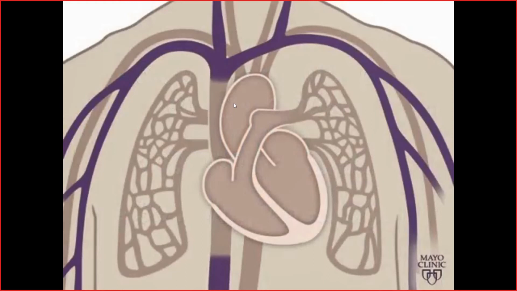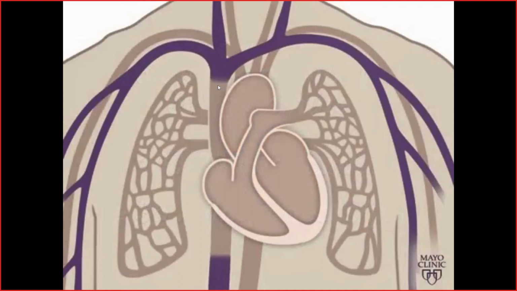So now these blue vessels have collected the blood, which is poor in oxygen and rich in carbon dioxide, from the cells. And where does this blood go now? This blood will go to the heart.